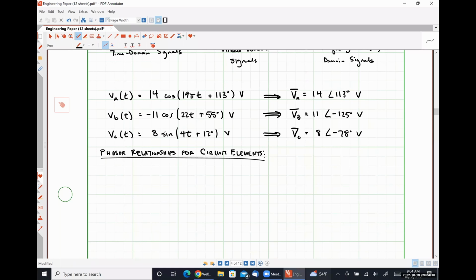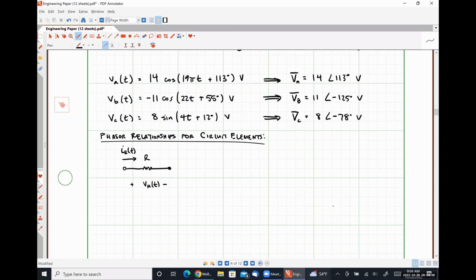So if I have a resistor like so, that has some resistance R, voltage drop VR of t across it, and a current IR of t flowing through it, then what is my current voltage relationship for this device?